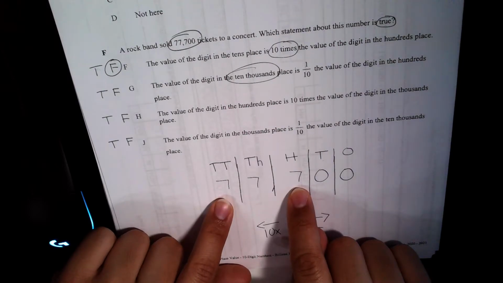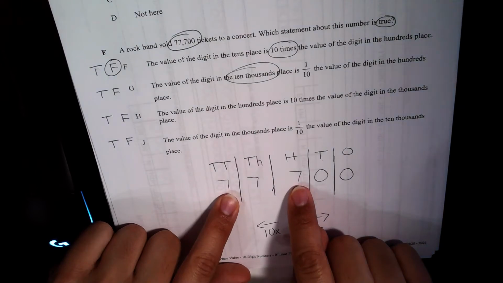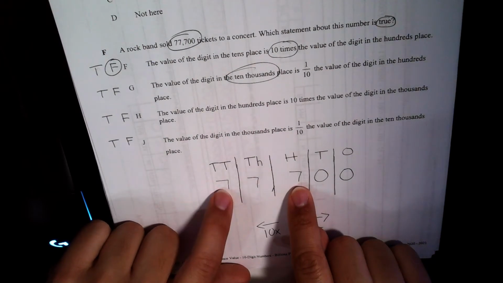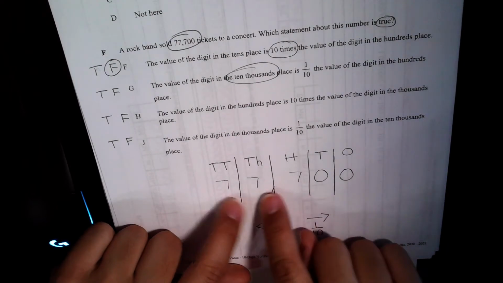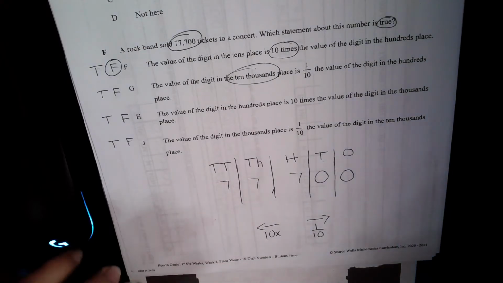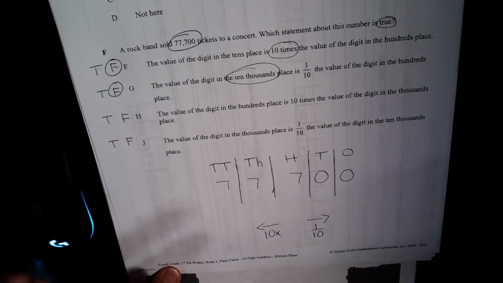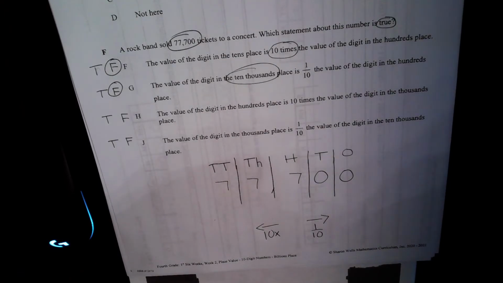Bella, what do you think? Is the 10,000s place smaller than the hundreds? No. The 10,000s place is much, much bigger. They're not even next to each other. There's even a whole place value in between. And the 10,000s we know is the bigger one. So that can't be it.